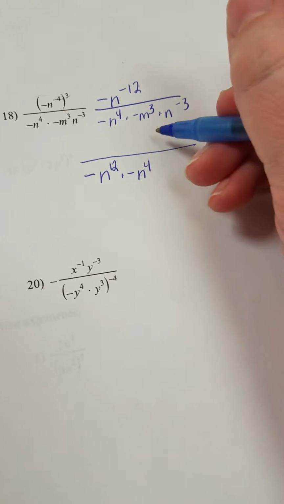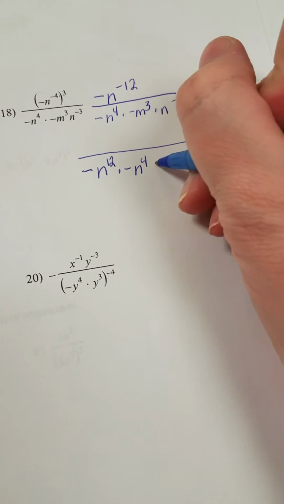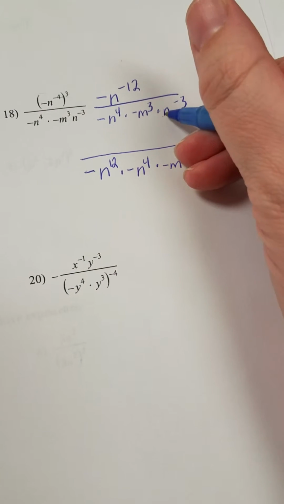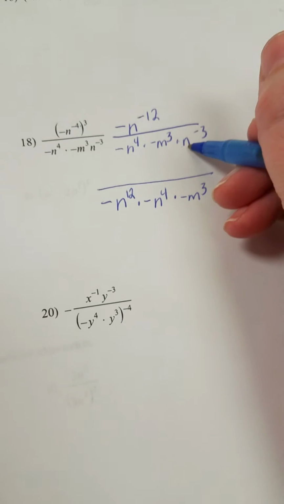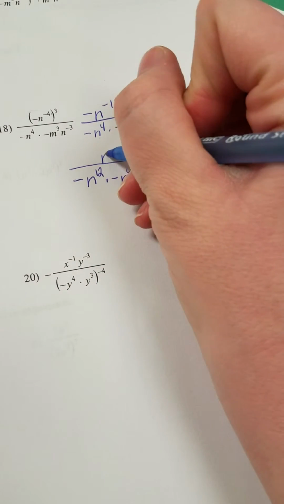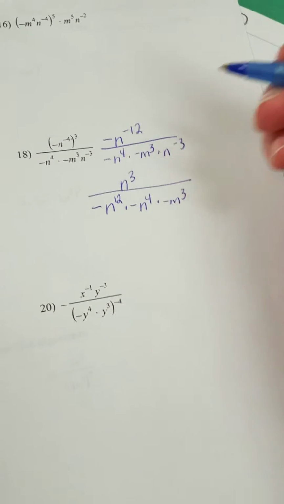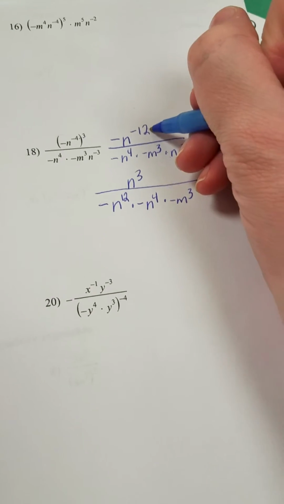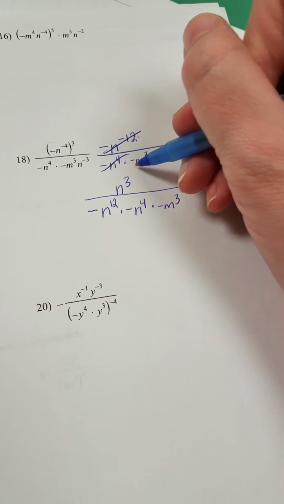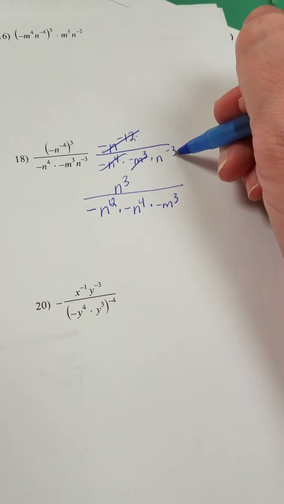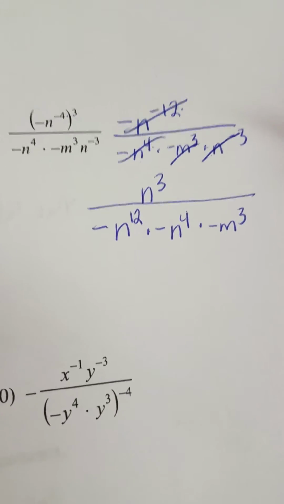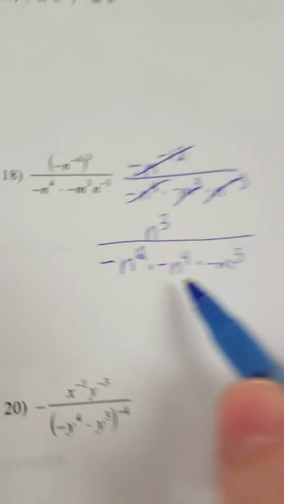And then negative m to the 3rd stays down here. And n to the negative third goes up top and becomes n to the third. Okay, so we moved this to the bottom. This has stayed on the bottom. This stayed on the bottom, and this moved to the top. Yes.